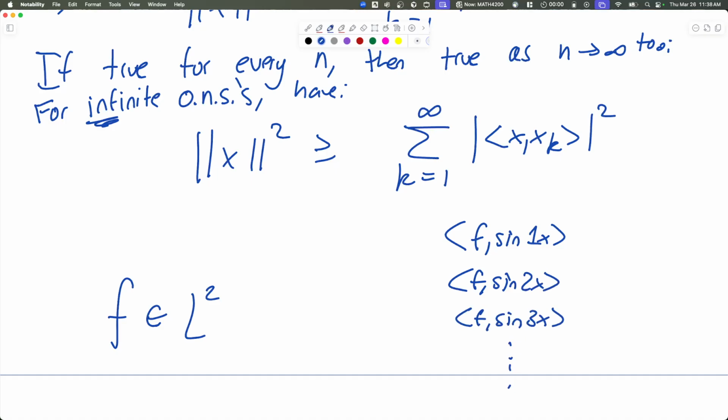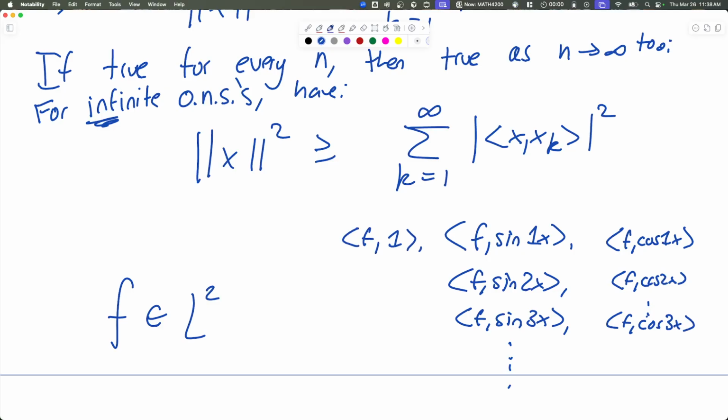Okay, that's a big list of numbers. I'll put commas so people know I'm doing a big list of numbers. I guess you also need the cosines, f with cosine of 1x, f with cosine of 2x. So this is a giant, infinite list. Okay, and then don't forget everyone's favorite, the average value of f. Okay, and then put in the square root of pi's in the right place. Square root of 2 pi.